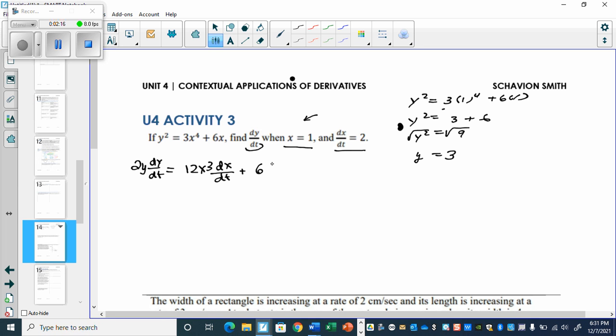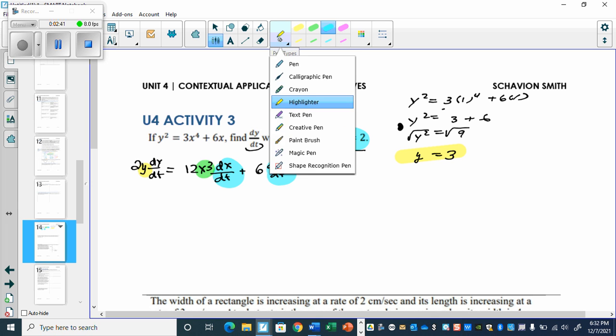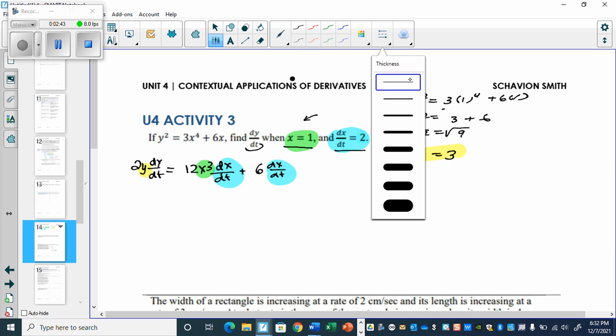So 6 and dx/dt. Things that I know: I know what y is, I know what x is, and I know what dx/dt is. Things that I don't know is that dy/dt right there. That's okay because we can solve for it just using simple algebra.